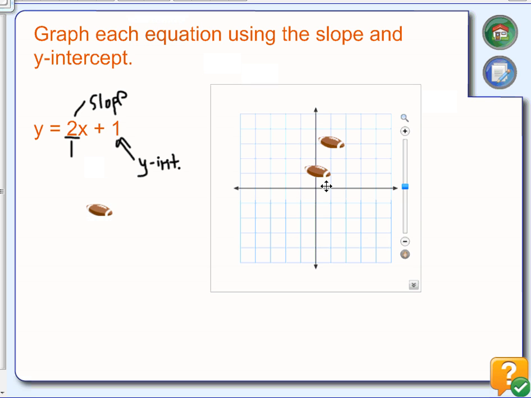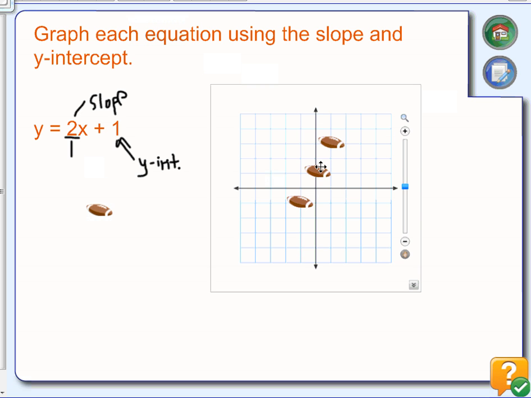Alright, now it's always a good idea to go this way as well as go down from your point. Okay, so in this case, we're going to do the exact opposite. Instead of rising up and running to the right, we're actually going to go down 2 and run to the left. All right, this will give us a really good line.